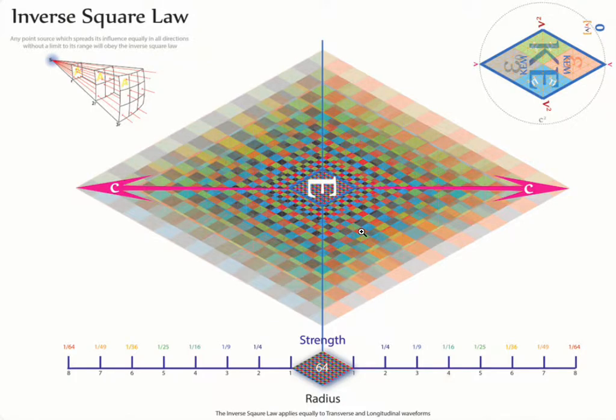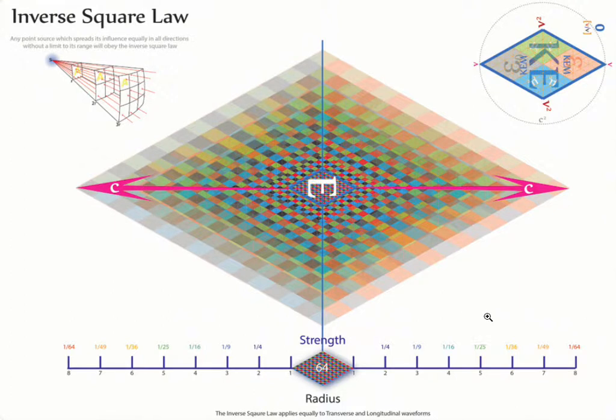Obviously, where an EM wave has a specific energy content and is then allowed to propagate from its point source, as it spreads out from that point source, the energy content of that geometry will diminish under the inverse square law.